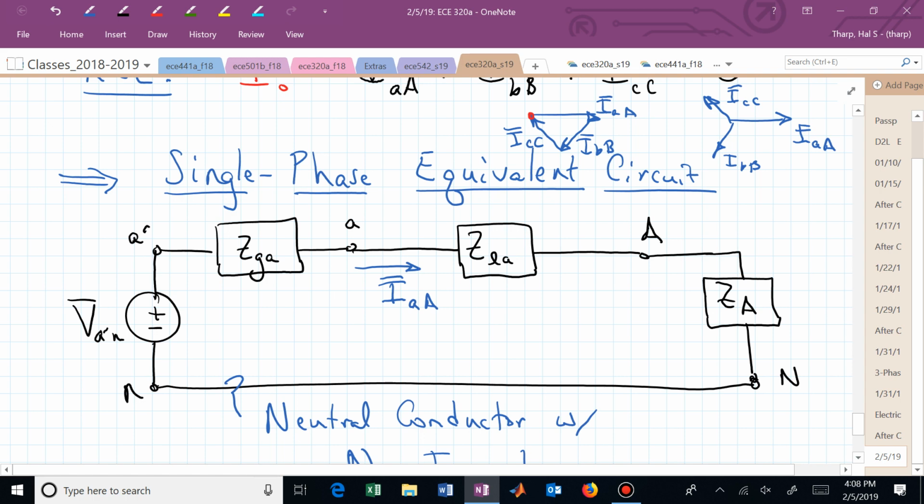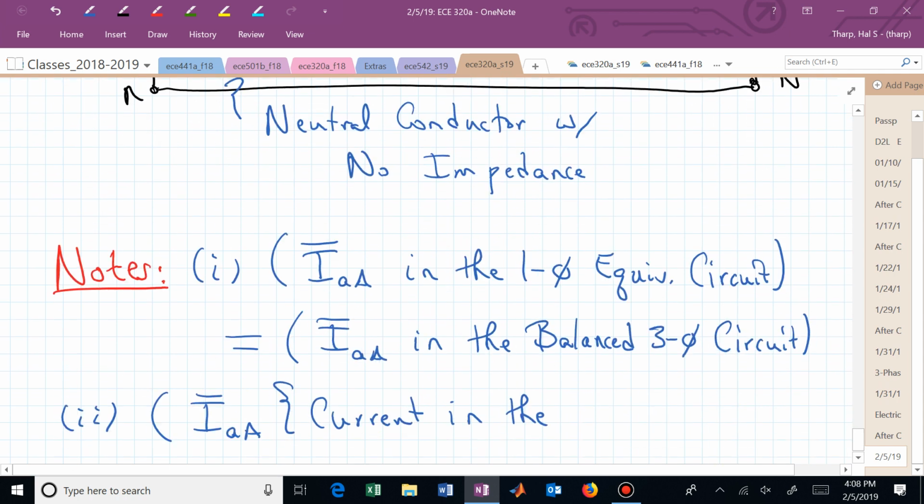You can't assume that that current in this neutral conductor is the same as the current in your neutral conductor of the three-phase. The neutral conductor in the three-phase has both the A phase, the B phase, and the C phase combined to give us 0. That's the second note that I'm trying to write.